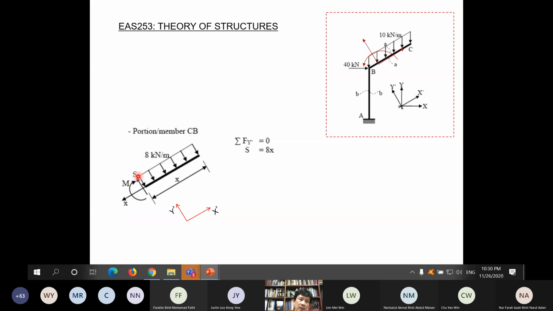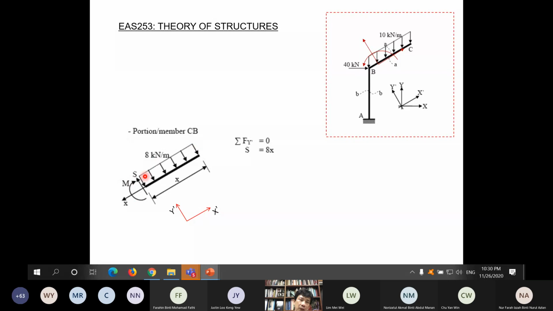We show only S and M, because Q we calculate later. So we have this axis X prime and Y prime because S is not pointing in the vertical or horizontal direction. Now it is pointing in Y prime direction, which is perpendicular to the axis of the member.